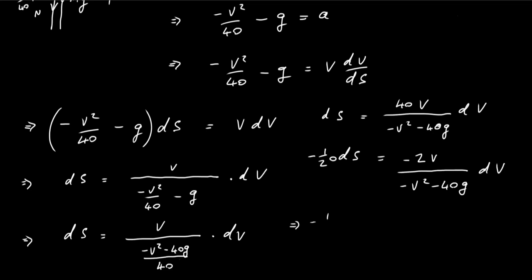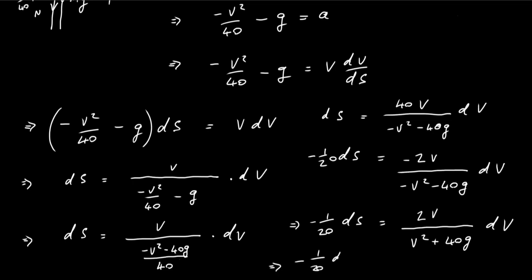I've got minus 1 over 20 ds on the left hand side. On the right hand side, what I can do is multiply the top and the bottom of this fraction by minus 1. That'll leave me with 2v on the top, and multiplying the bottom by minus 1 as well leaves me with v squared plus 40g dv. Now finally, on the left hand side I've got minus 1 over 20 ds.